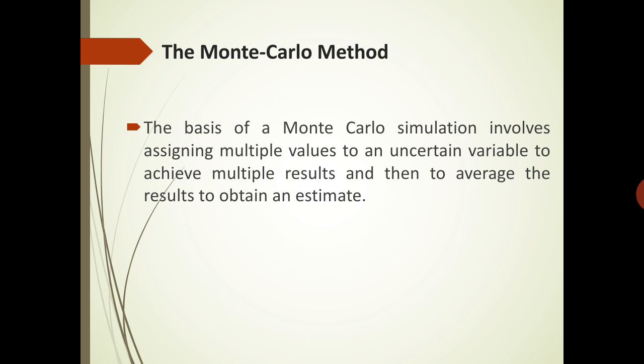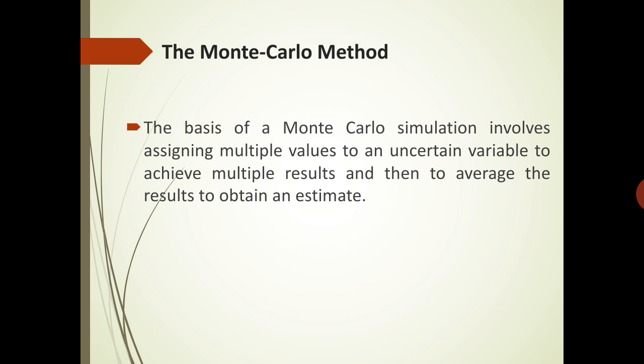When faced with significant uncertainty in the process of making a forecast or estimation, rather than just replacing the uncertain variable with a single average number, the Monte Carlo simulation might prove to be a better solution by using multiple values. A Monte Carlo simulation takes the variable that has uncertainty and assigns it a random value.